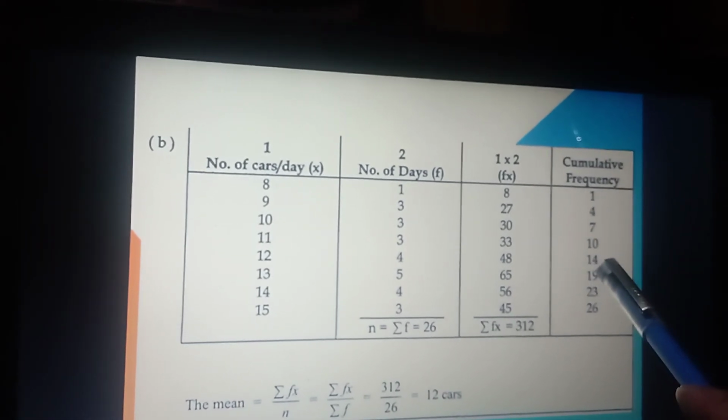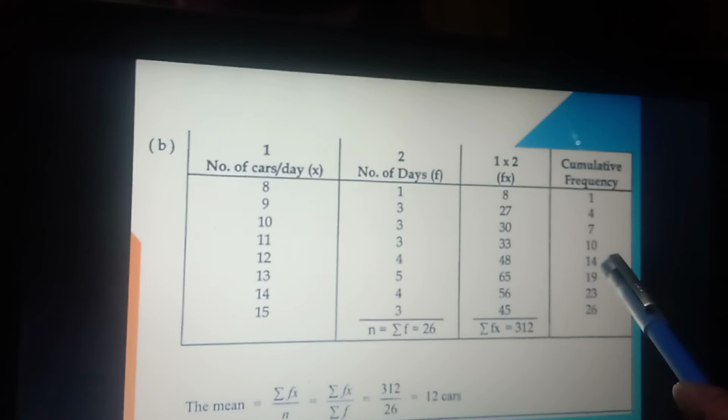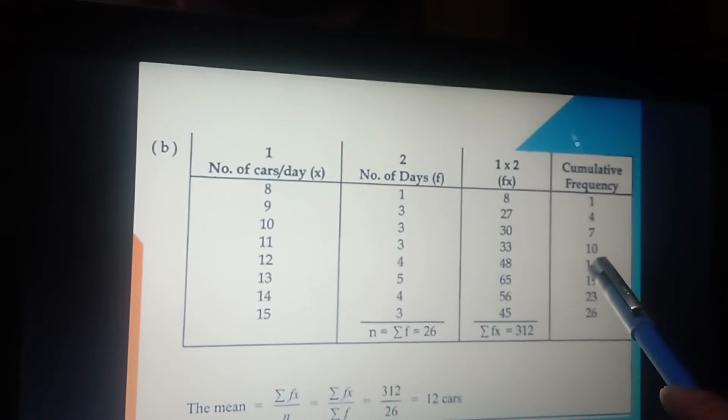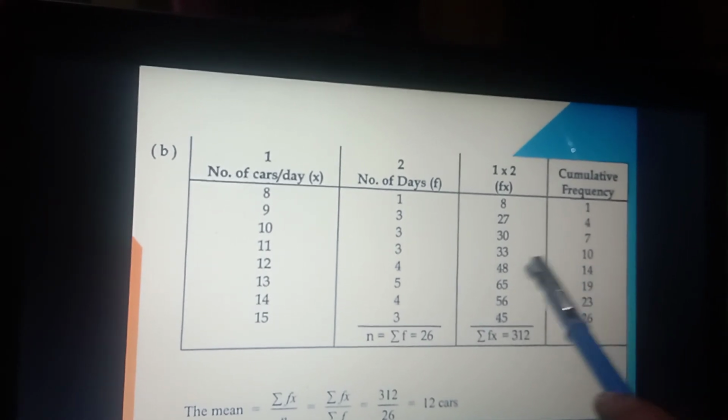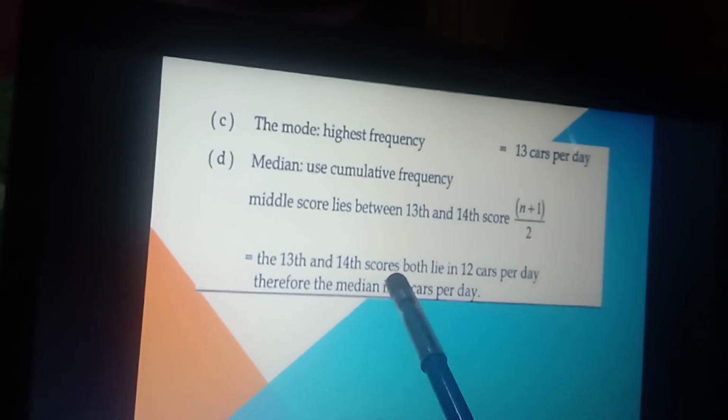You will see that 13.5 is covered in the cumulative frequency 14. The cumulative frequency 14 corresponds to the value 12.